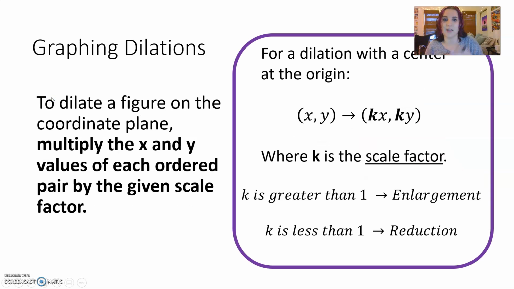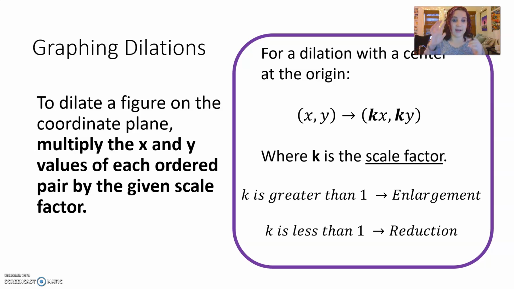So for graphing dilations, to dilate a figure on the coordinate plane, you multiply the x and the y values of each ordered pair, so every x value and every y value, by a given scale factor.